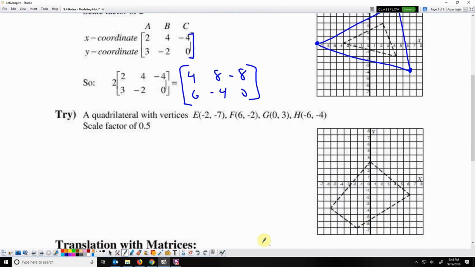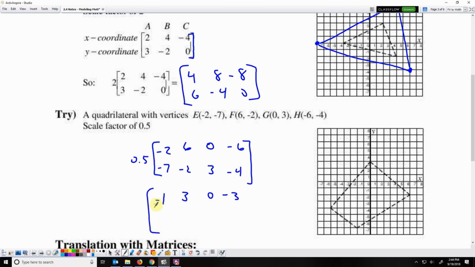So next we're going to dilate a quadrilateral with these vertices by a scale factor of 0.5. So that's 0.5 times, and then we've got -2, -7, 6, -2, 0, 3, -6, -4. So that is -1, 3, 0, -3. Those are our x-coordinates. And our y-coordinates, -3.5, -1, 1.5, and -2.